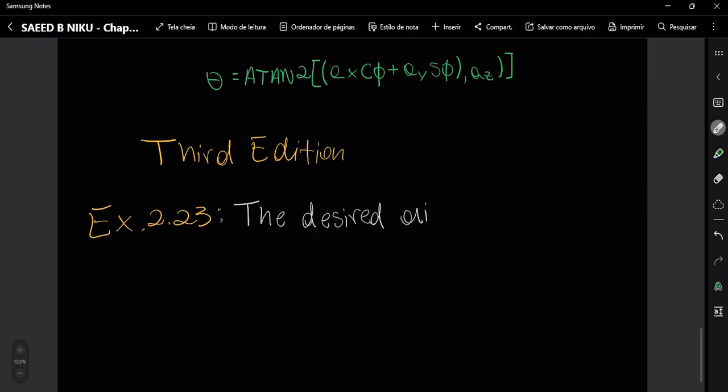It's basically the same example that we were solving for the RPY angles, but now we are solving for the Euler angles.